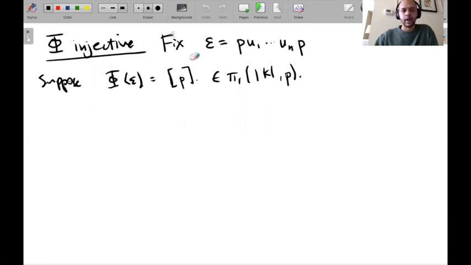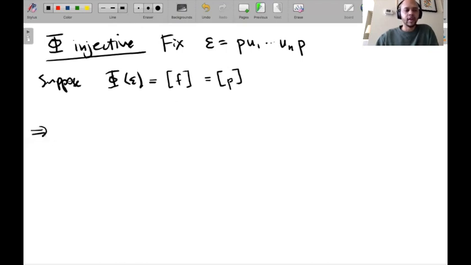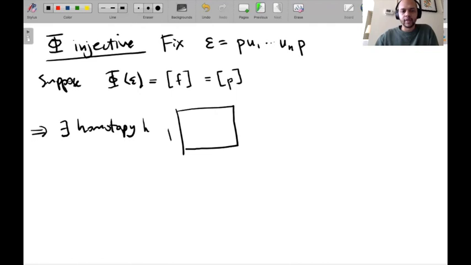Sorry, I do want to be a little bit careful. So as before, phi of epsilon is the homotopy class of F, and let's suppose that's equal to P. That is to say, there exists a homotopy, which I'm going to write like this, H. It's a map from the square into K.